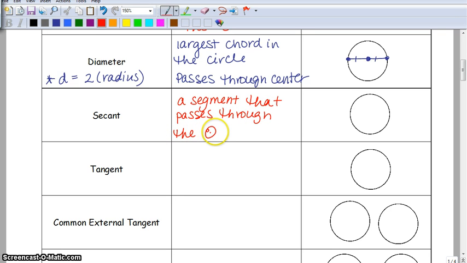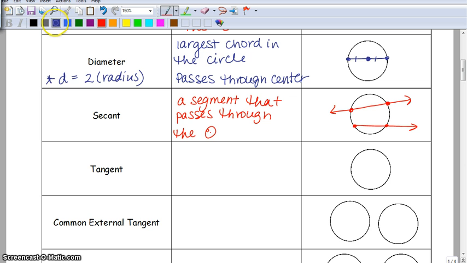So it can pass through on both ends, on one end, it doesn't matter. I think of it as a chord that kept going. Okay? So a secant is going to exit the circle on both ends, or even just one is okay as well. So I'll kind of draw two pictures here. Both of these are what we consider secants, because it leaves the circle at some point.